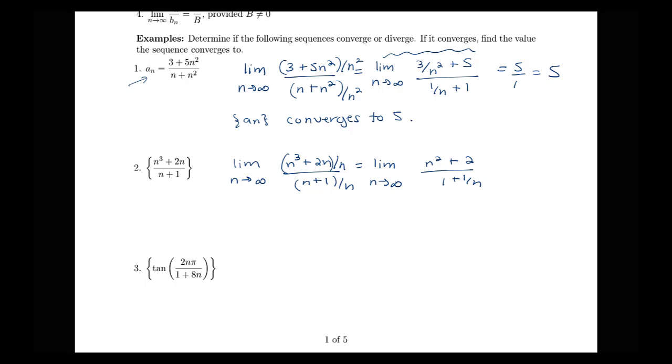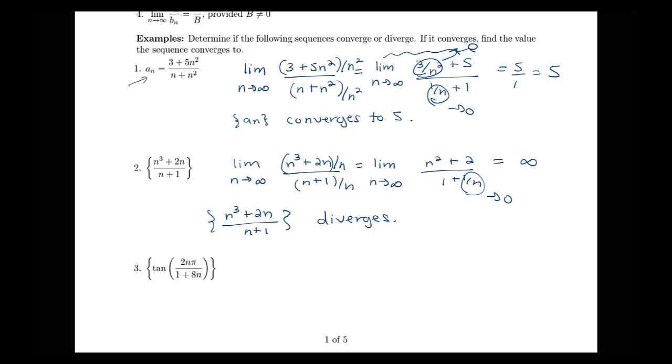So I know that 1 over n is going to 0, just like these terms here were going to 0. Okay, n squared will be getting bigger and bigger and bigger. We're adding 2 to that. So this is going to be going to infinity. So here we would say that our sequence of n cubed plus 2n over n plus 1 is diverging since that limit went off to infinity.